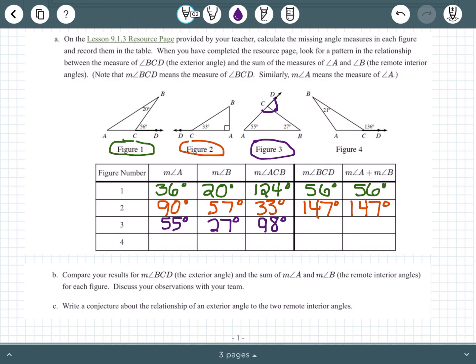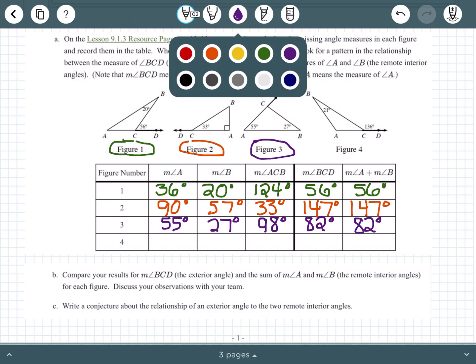So I'm going to do 180 minus 98. That gives me 82 degrees for my exterior angle. Okay, finally we need to add the measures of angle A and B, which is 55 and 27. When I do that, I end up with 82 degrees.